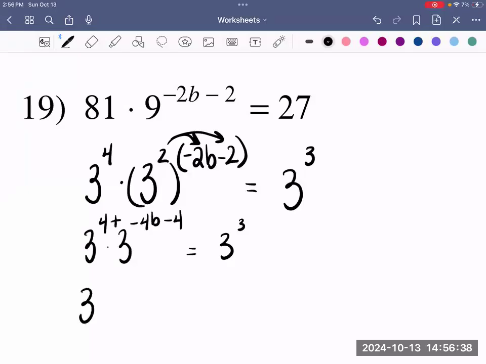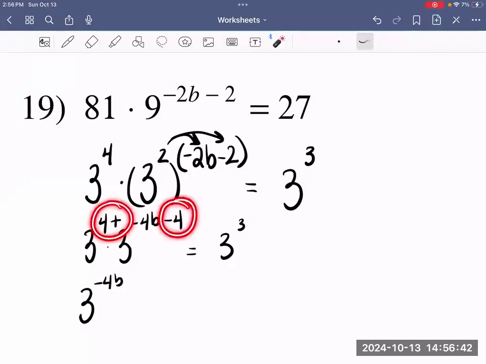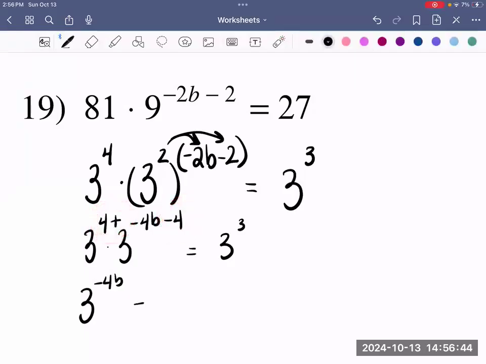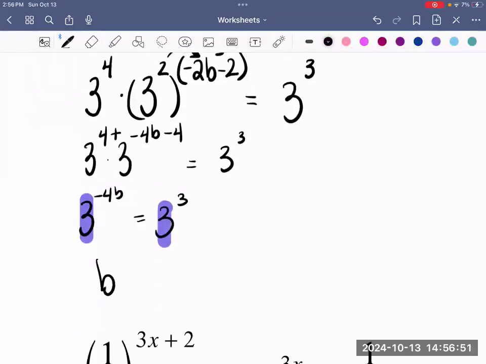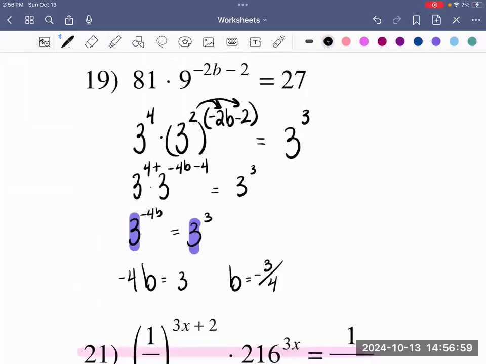We have 4 plus a negative 4, so we just have 3 to the negative 4b is equal to 3 cubed. Your bases are the same. Now we have negative 4b is equal to 3. Therefore, b is equal to 3 over 4, and that one is negative.